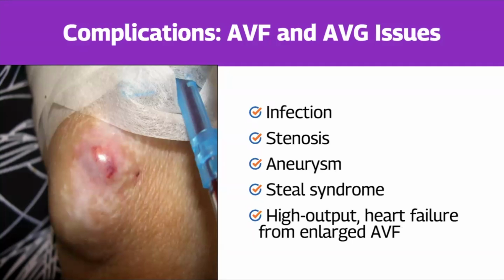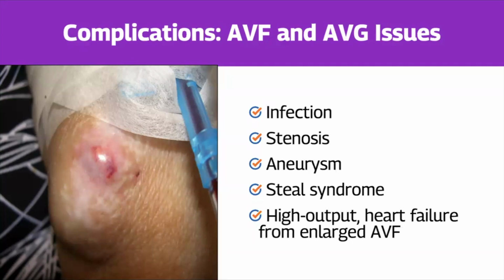Stenosis, a narrowing of the access vessel, is the most common complication, and it can be caused by scarring of the vessel wall due to needle injury, infiltration, or hematoma formation. Stenosis can also lead to a clotted access, and angioplasty of the access is the treatment for stenosis and usually is done in an access center or in the hospital.